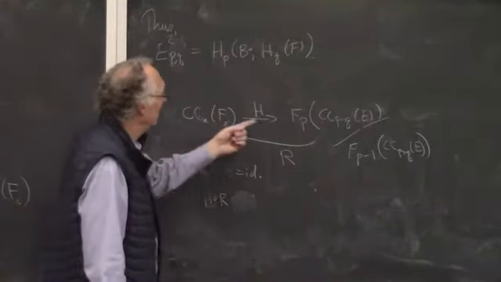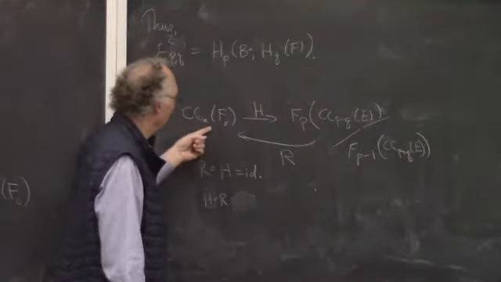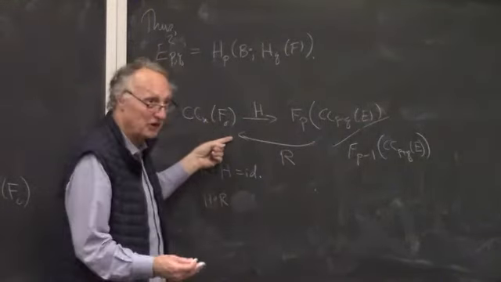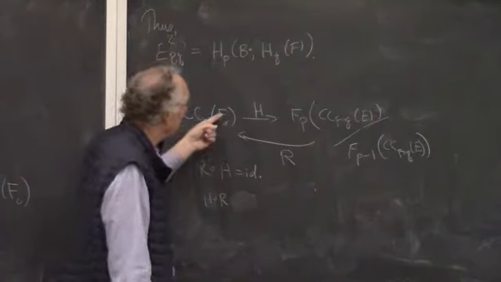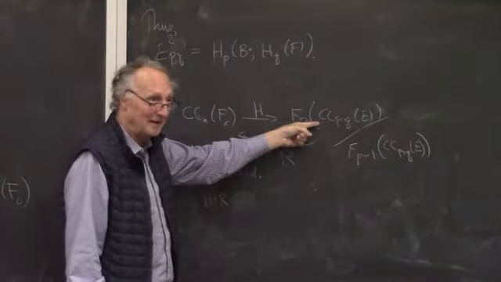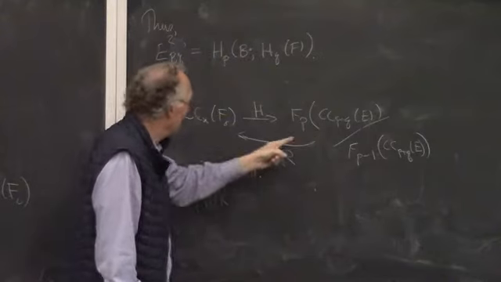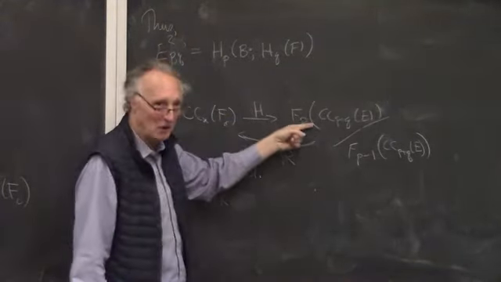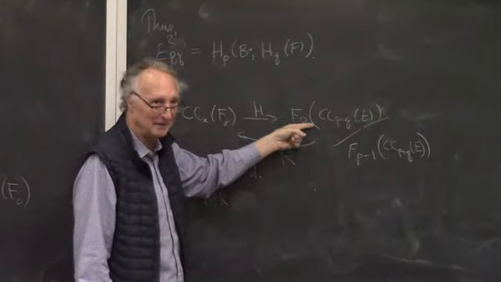So I need to prove the homology of this chain complex and the homology of this chain complex are the same. I have the restriction map, which is a chain map. Now I'm going to construct the chain map back in the other direction so that this composition is the identity and this one is chain homotopic to the identity.